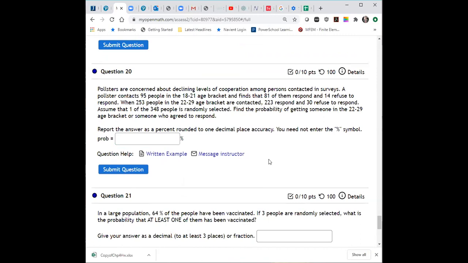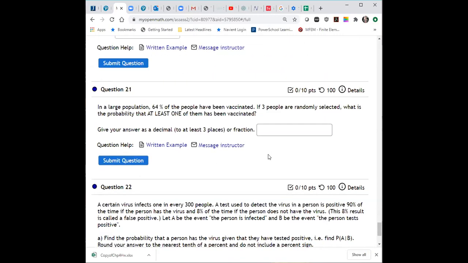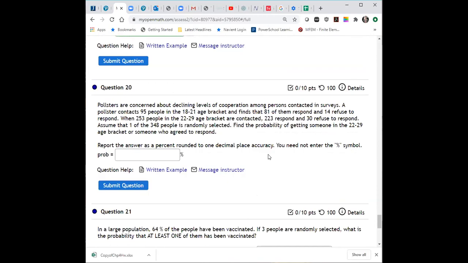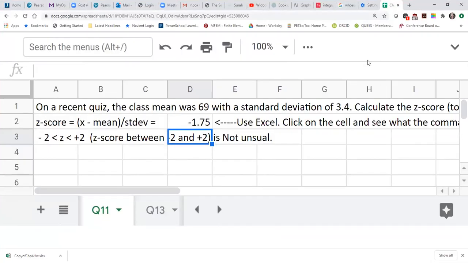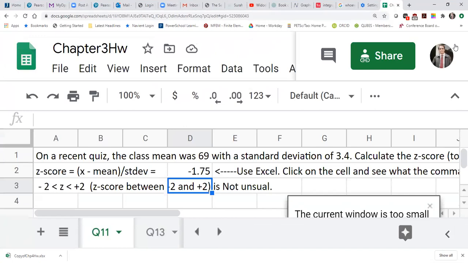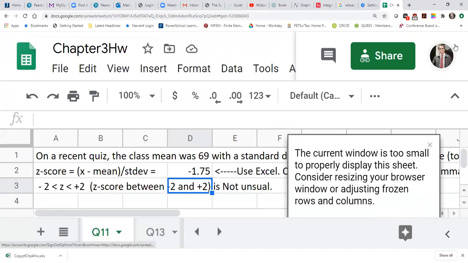Okay, so now number 20. Yeah, for number 20 up to number 21, I will share the Excel. Okay, so this is for chapter 3.